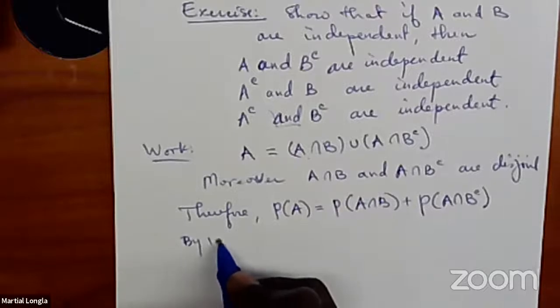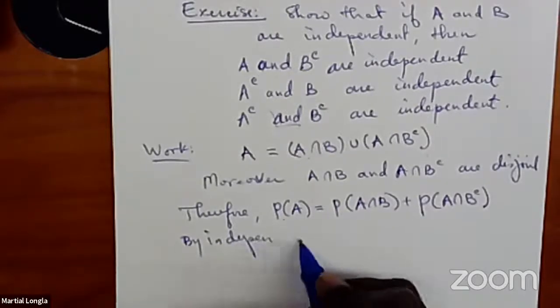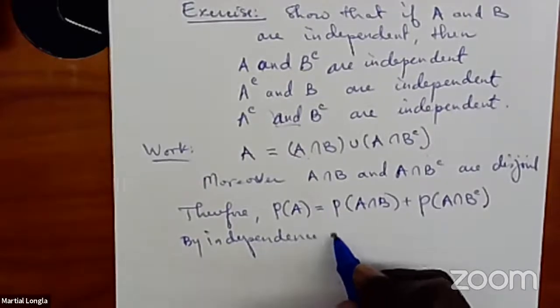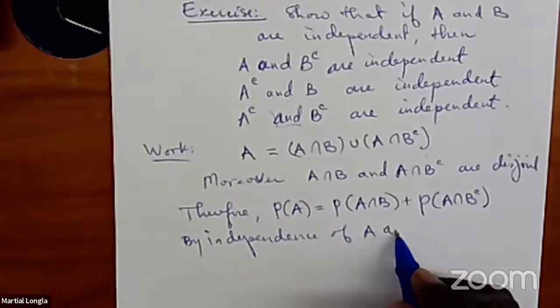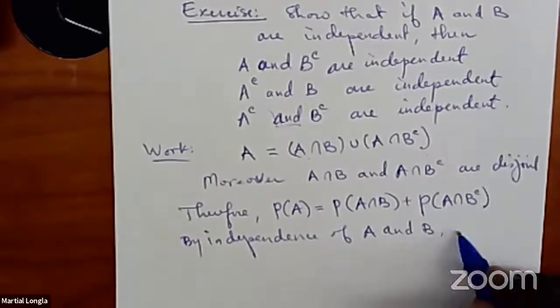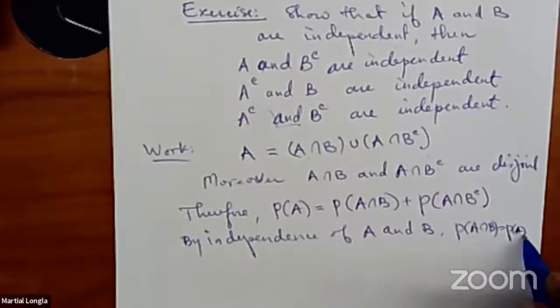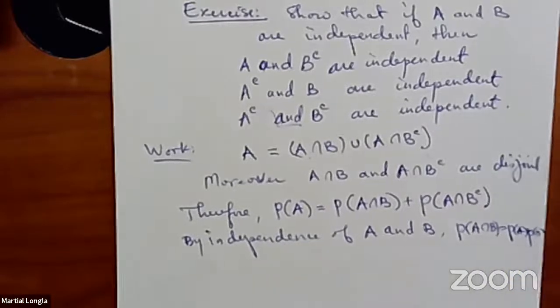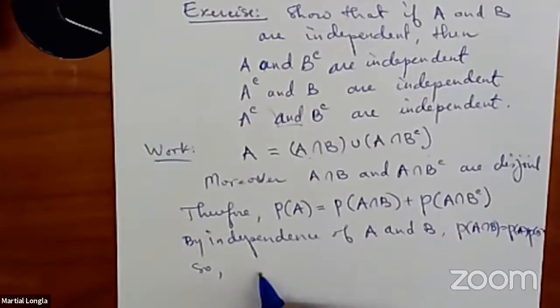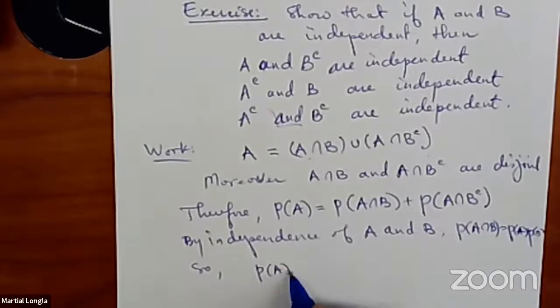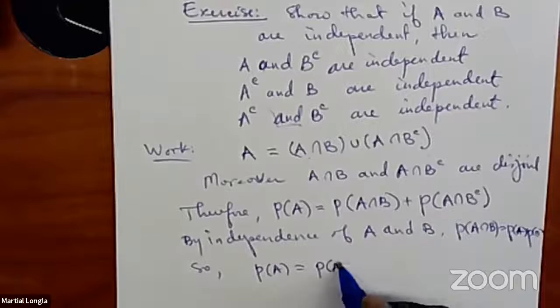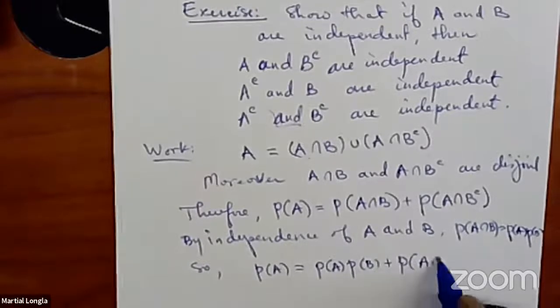By independence of A and B, P of A and B is P of A, P of B. So P of A is equal to P of A, P of B, plus P of A and B complement.